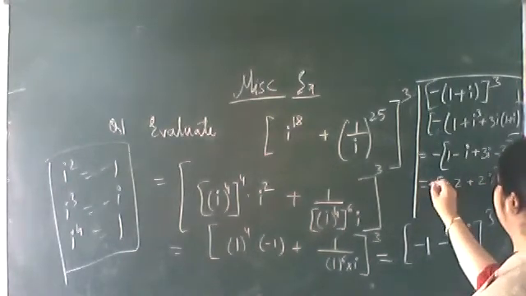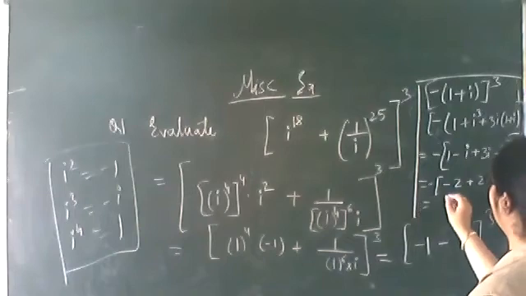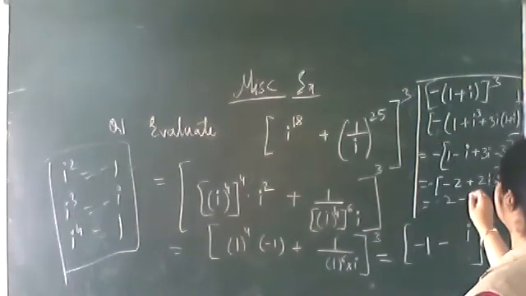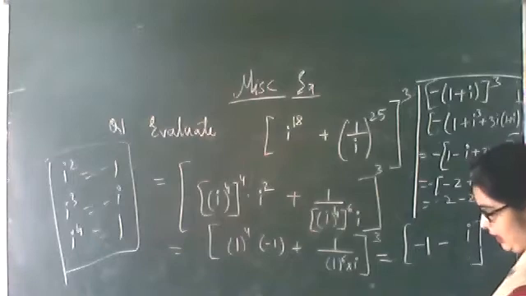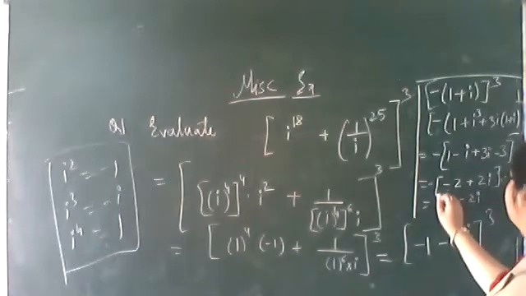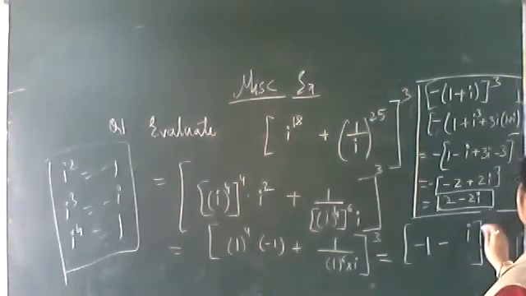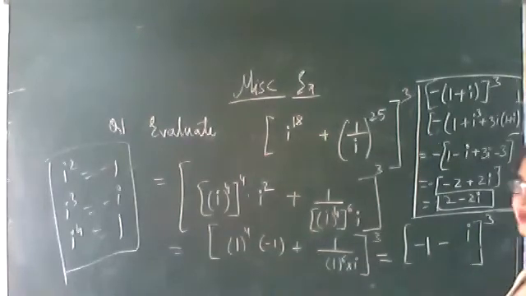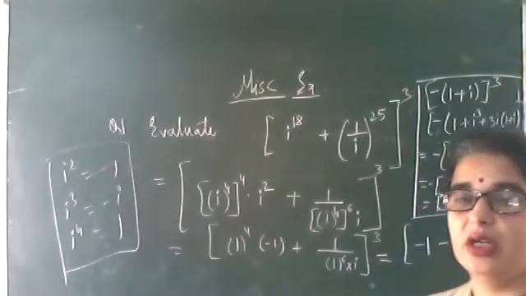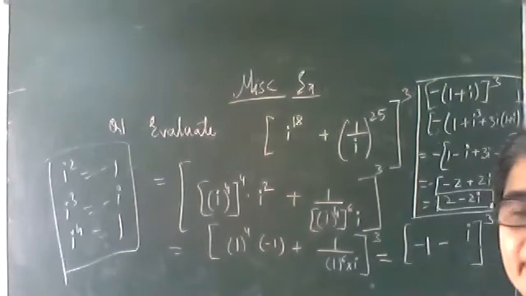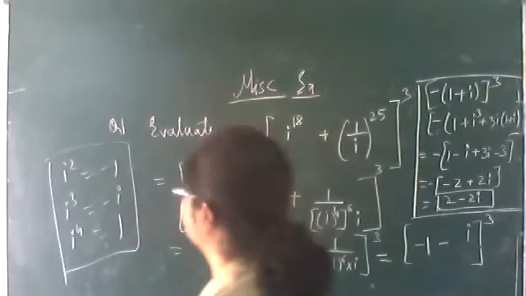Clear? And minus sign outside. So you will get 2 minus 2 iota as your answer. This will be your answer. Is that clear? Then come to the next one.